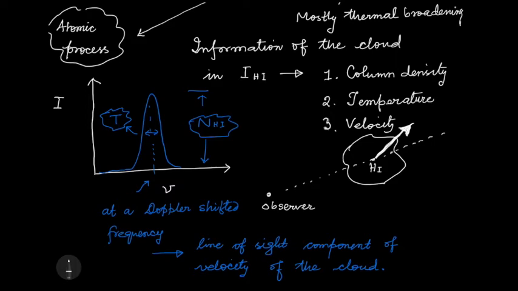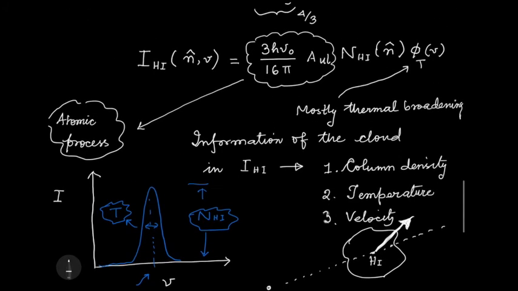So a single observation of a spectral line in emission gives me all these three pieces of information. It gives me the dynamics, the thermodynamics, which is temperature, and the density, or rather the column density, not the density.